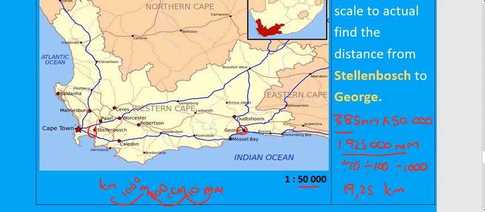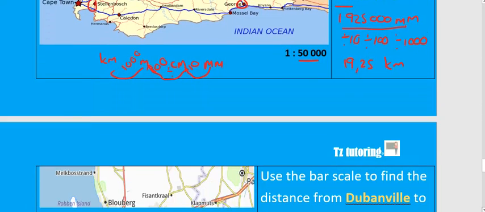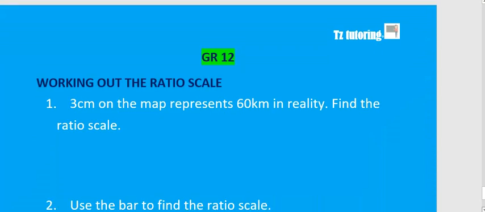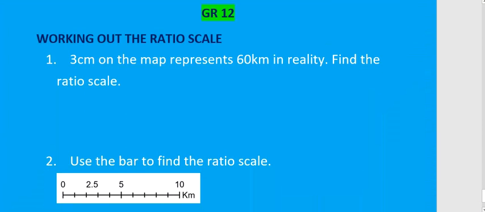All right, this is where we say goodbye to grade 10 and 11. The next part is for grade 12s only. Grade 12s are also expected to be able to work out the scale. All right, it's very, very easy.